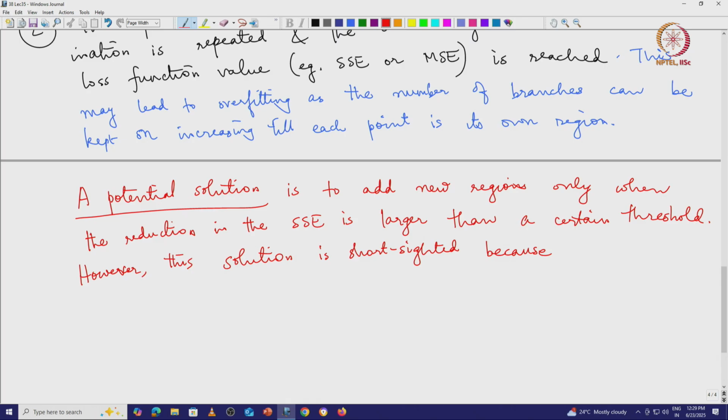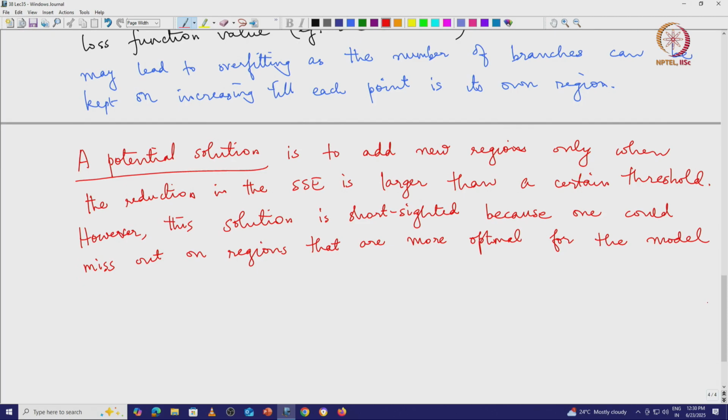So, because one could miss out on regions that are more optimal for the model, for the loss function to reduce, but they appear later in the tree. So, this is a drawback of this proposed solution.